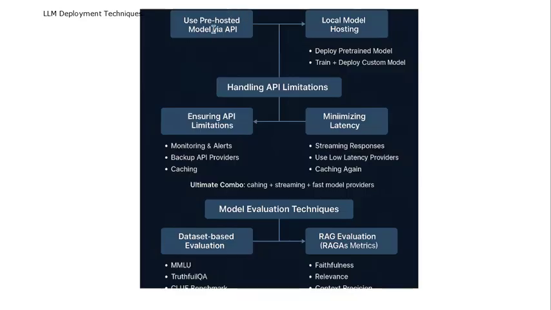Then how do pre-hosted models reduce my charges, sir? With pre-hosted models, they charge you based on the total number of requests, and the number of input tokens as well as output tokens. Whatever input question you provide and whatever response you get from the model, both input plus output tokens are calculated, and the model providers charge you based on that.